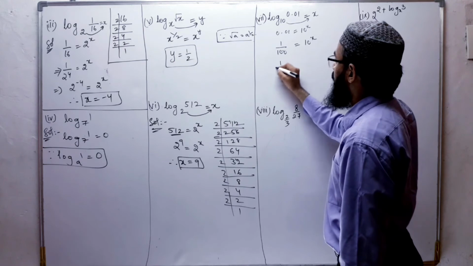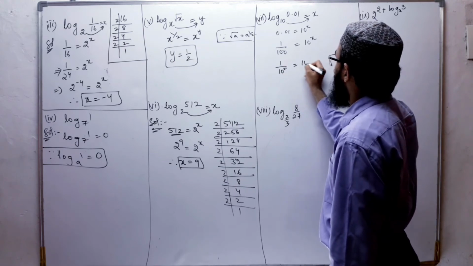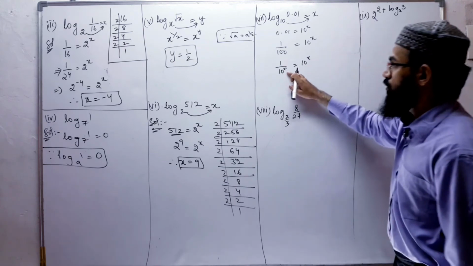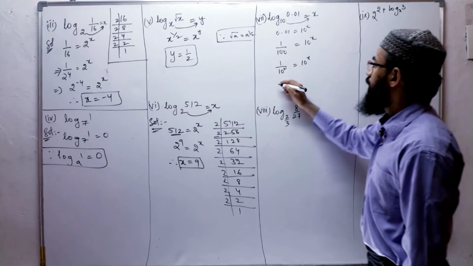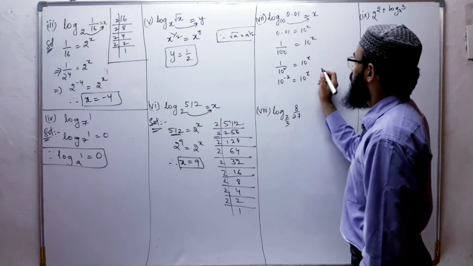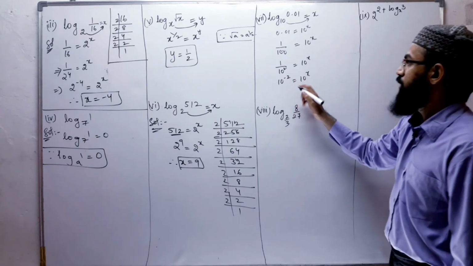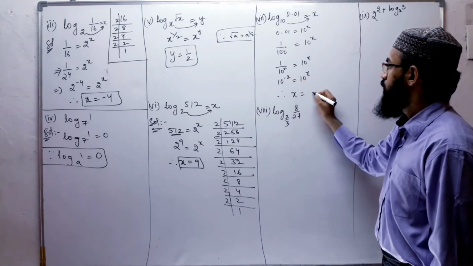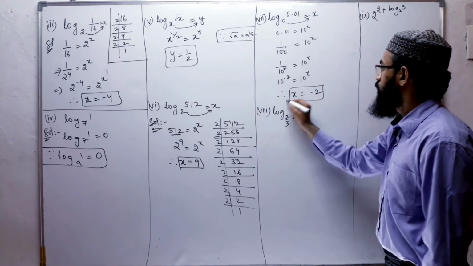So this 100 can be written as 1 by 10 square is equal to 10 to the power of x. This 10 to the power of 2 comes in the numerator, so it will become 10 to the power of minus 2 is equal to 10 to the power of x. When the bases are equal, the powers should be equated. So therefore x is equal to minus 2.